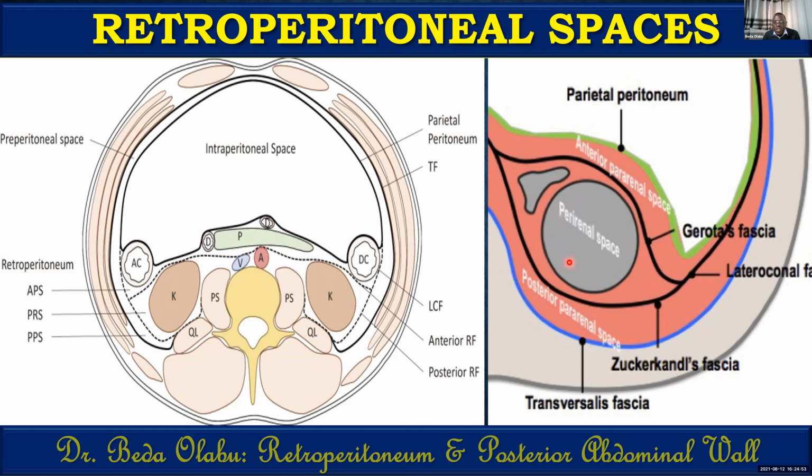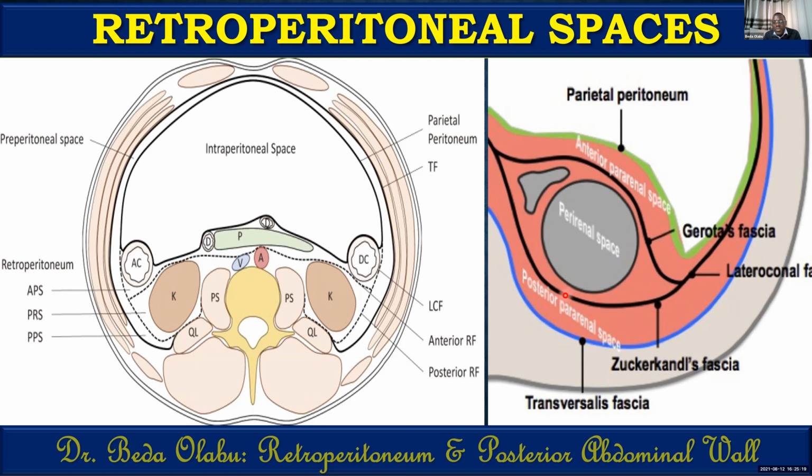Consider this to be the region where the kidney is. So there's a fascia that is running anterior to the kidney. We call it the anterior pararenal, sorry, the anterior renal fascia. So that's the anterior renal fascia, also known as the Gerota's fascia.